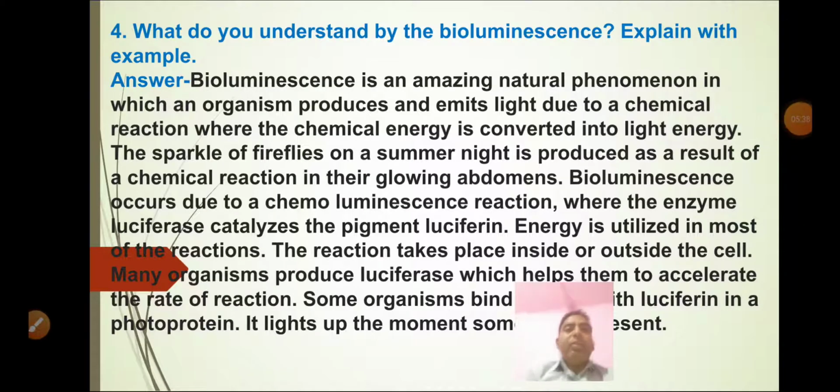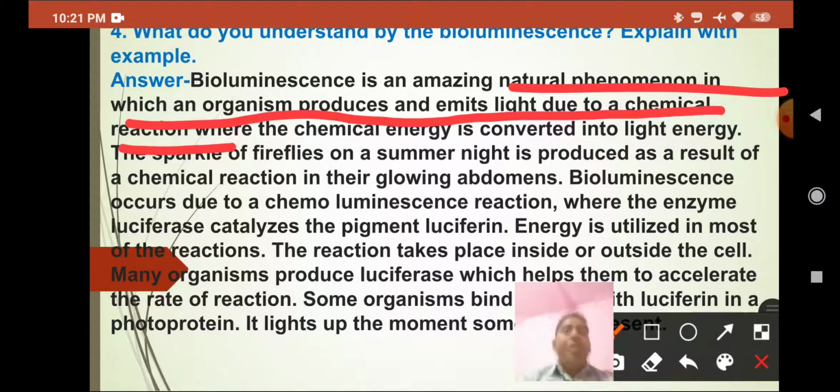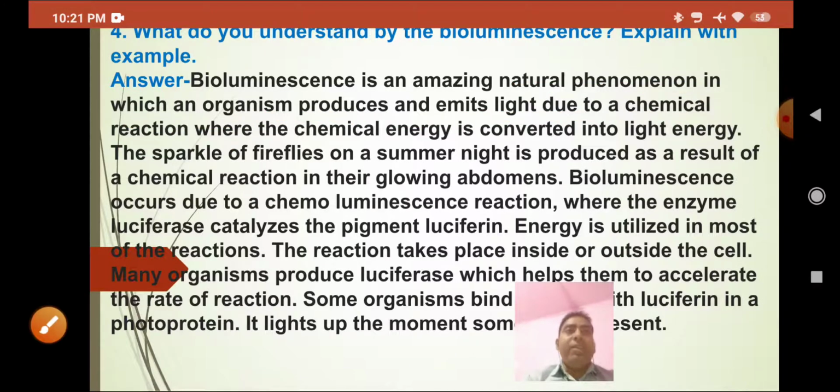Bioluminescence is an amazing natural phenomenon in which an organism produces and emits light due to a chemical reaction.